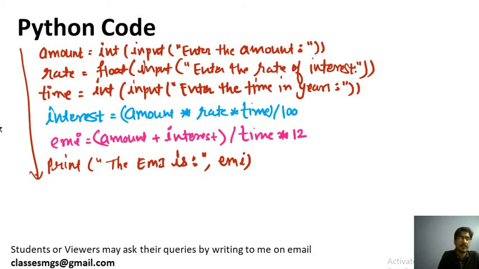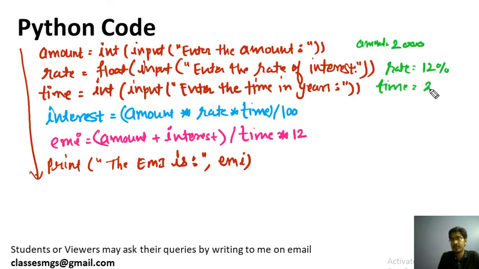Let me try some sample input here. Let's suppose the user has given 2000 as the amount, and the rate he has given, let's suppose, 12%, and the time he has given, let's suppose, 2 years.